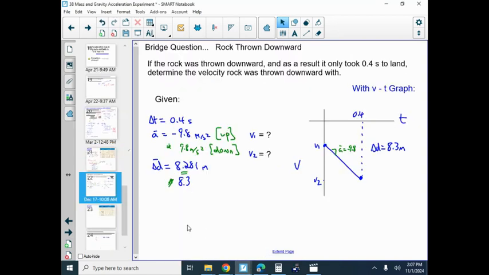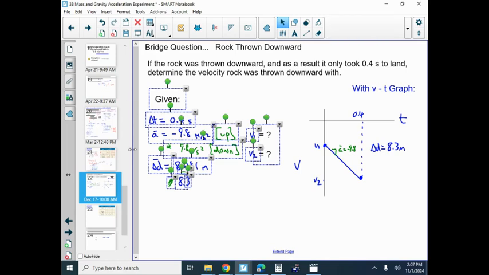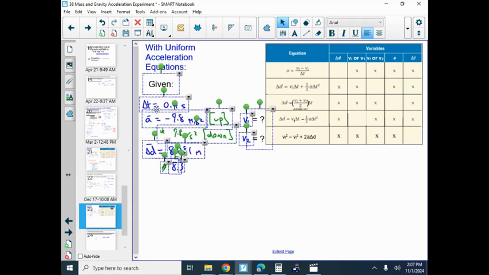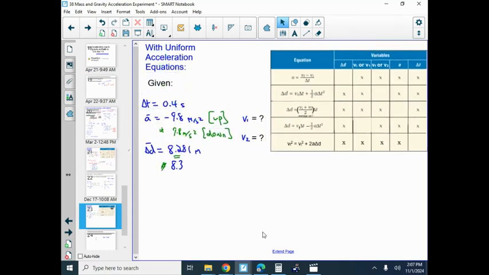So let's just go for it with equations for now. Being a new type, let's just hammer out the equations and see how it goes, right? So we've got time, we've got the acceleration, and the displacement, and we want to know v1 or v2. Let's choose v1 for now, because that was what I was originally asked for.